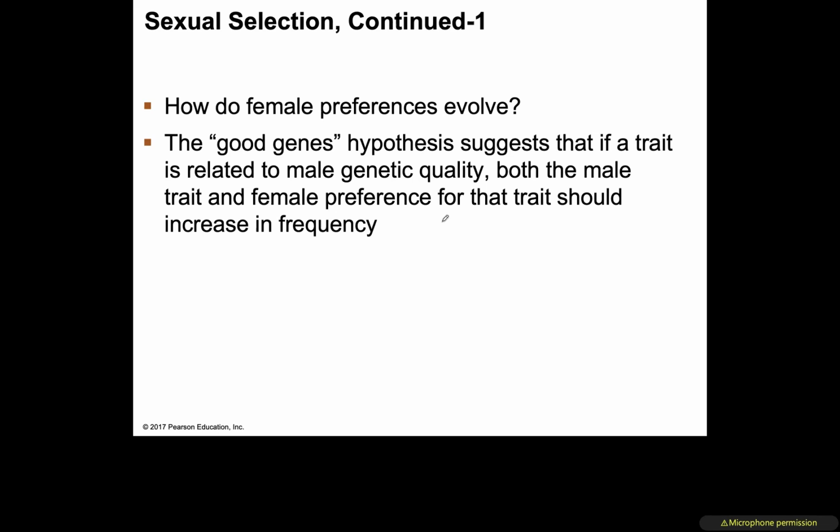If the female keeps preferring the prettiest, she keeps mating with the prettiest, which means her sons are going to be the prettiest. Then other females' daughters are going to prefer the prettiest. So basically, the preference is for the prettiest, and the males keep getting prettier.